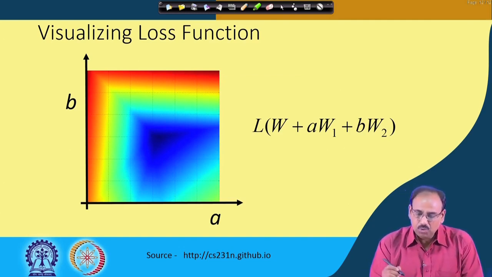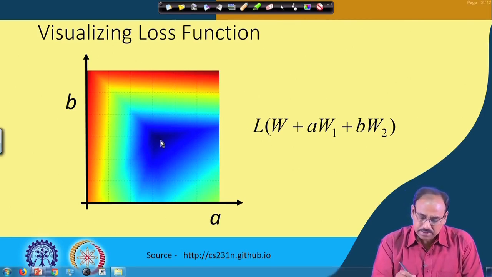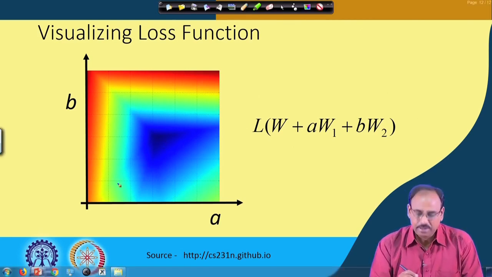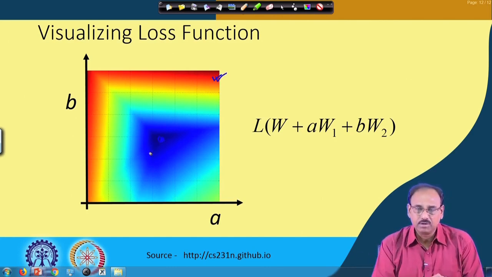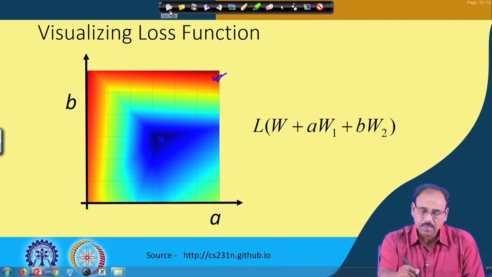In this particular case, the blue at the center is the minimum, and the red represents the maximum loss. So I have the minimum of loss over here. The loss function in two dimensions again shows that it is a convex one.